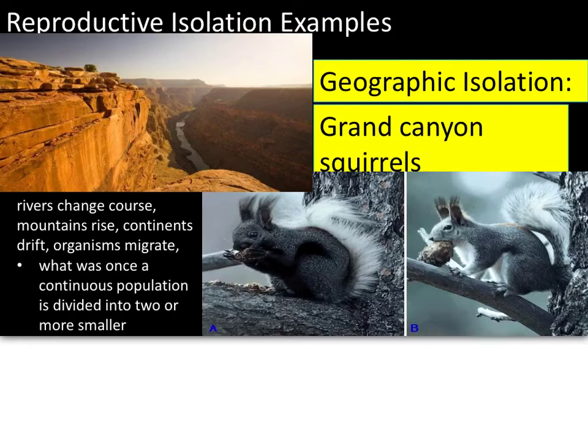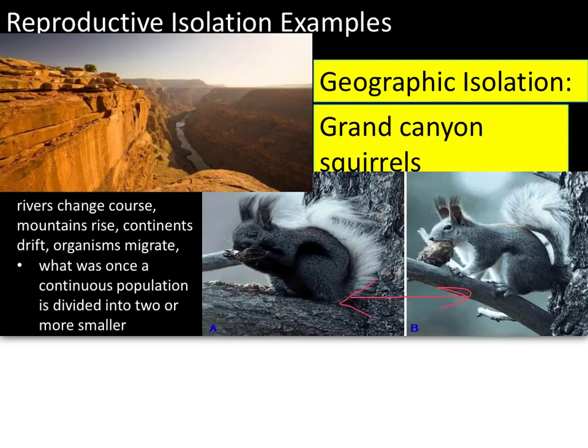One is geographic isolation. Probably the best known example in our country is the Grand Canyon squirrels. Now this is over long periods of time, of course, but we see very similar and related characteristics in subspecies, or in two different species, but they are reproductively isolated.